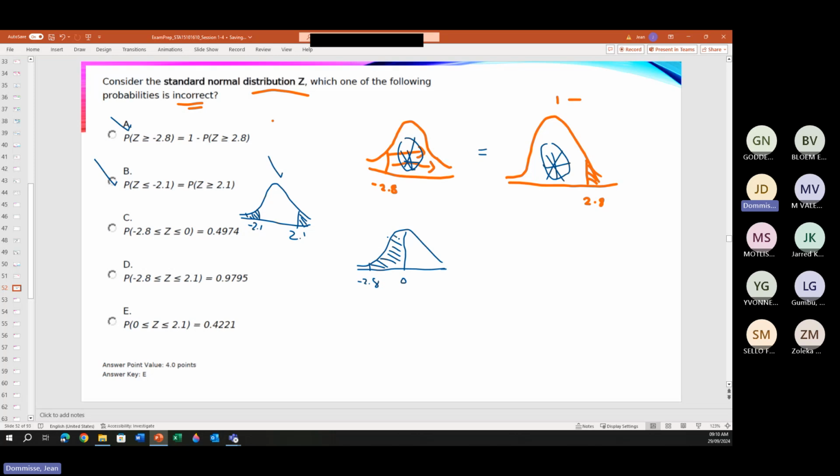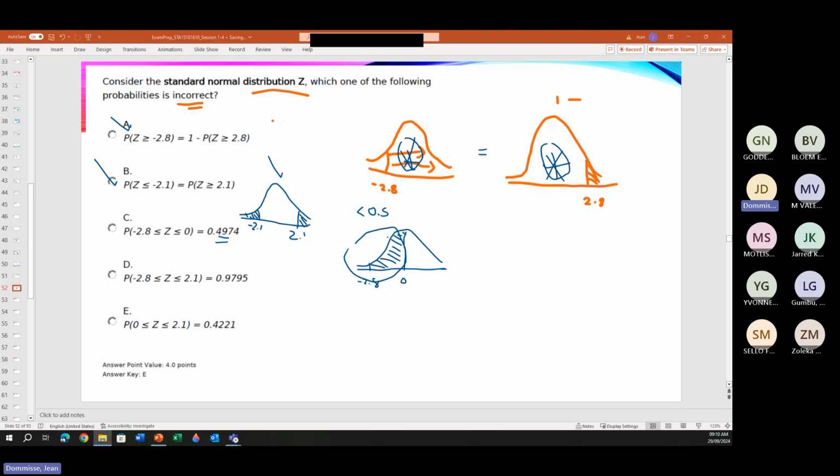Okay, so we will need to go and look at the table. So first we can say, well, this area will be smaller than 0.5, which it is at the moment.